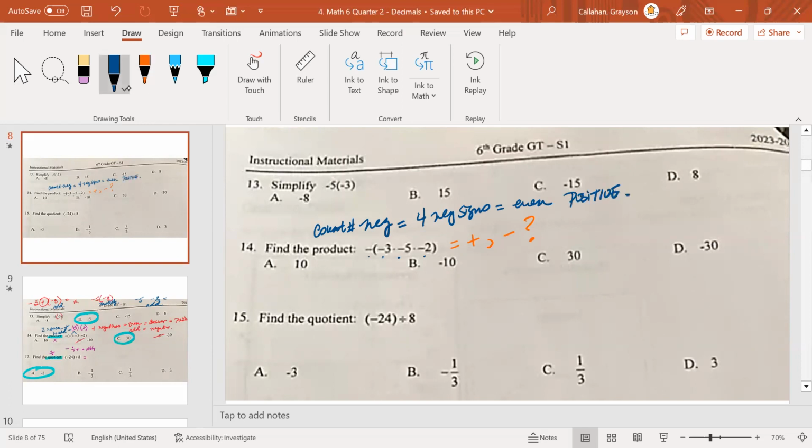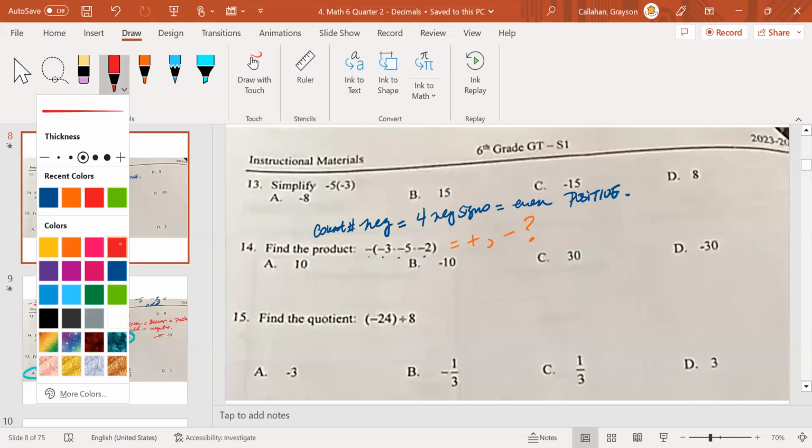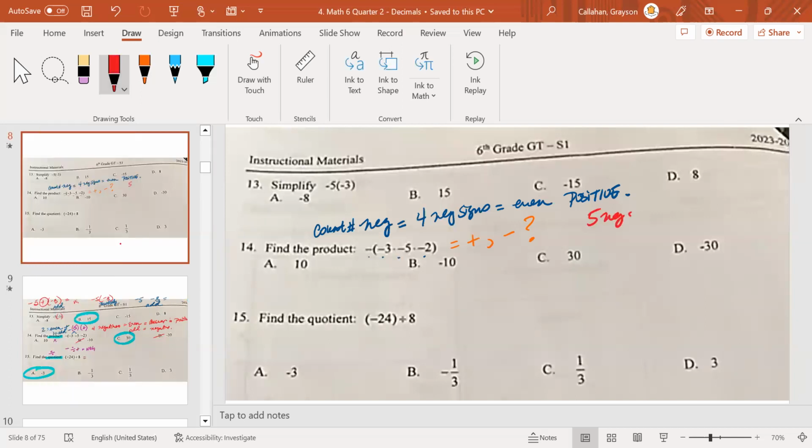Do you understand that? On the other hand, if you count and you have, let's say, 5 negative signs, that's odd. So what is your answer going to be? Negative. It's going to be a negative. So looking at this right here, which one do you think is going to be the most accurate answer?